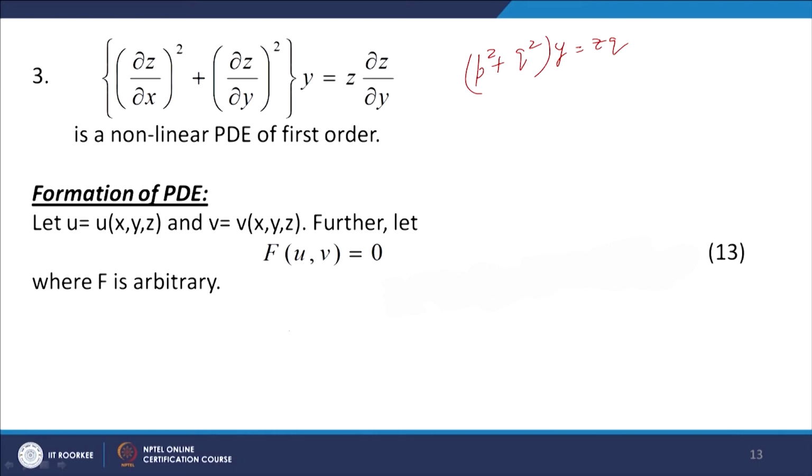So when we differentiate with respect to x, we will have the partial derivative of f with respect to u into the derivative of u with respect to x plus the derivative of u with respect to z into the derivative of z with respect to x, plus the derivative of f with respect to v into the derivative of v with respect to x plus the derivative of v with respect to z into the derivative of z with respect to x, which is p, equal to 0.